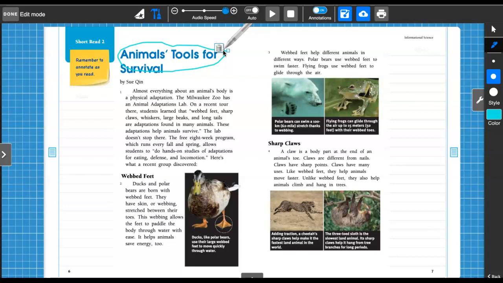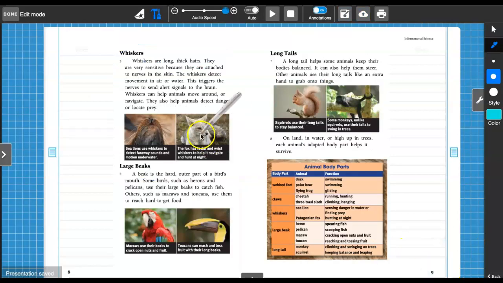So just based on the title, I know they're going to tell me what tools animals use so they can live. And if I just look at the subtitles or the subheadings, one of the tools is probably going to be about some animal using their webbed feet, another animal using a tool called their sharp claws, and if I go to the next page, animals that use whiskers as tools so that they can survive, animals who use large beaks to survive.